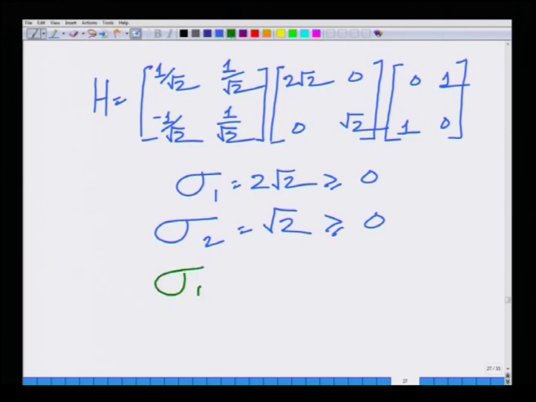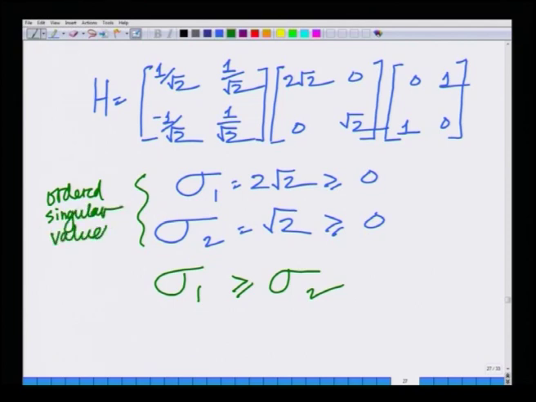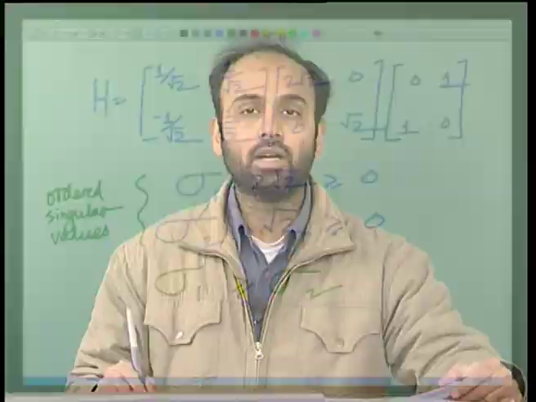In fact, we have sigma 1 greater than or equal to sigma 2, hence these are ordered singular values, hence this is a valid singular value decomposition.